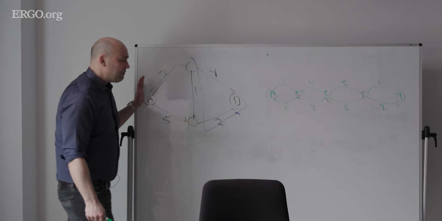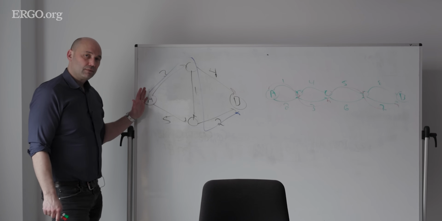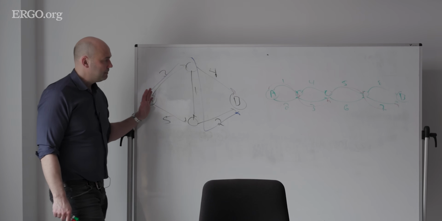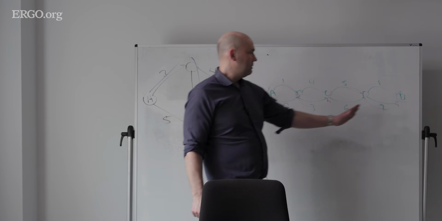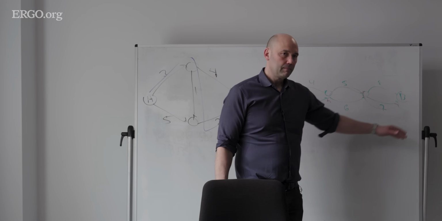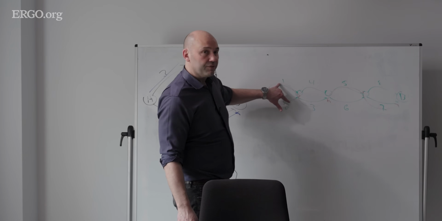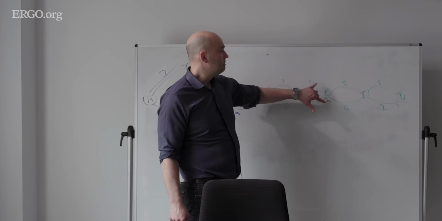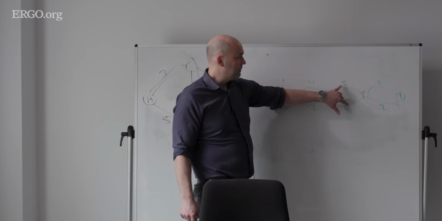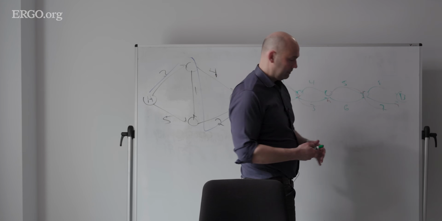In the network on the left, there were only 3 paths, 3 possible options, okay? How many options are there to go from A to B? Well, 2 options for the first hop, multiplied by 2 options for the second hop, times 2 again, times 2 again.